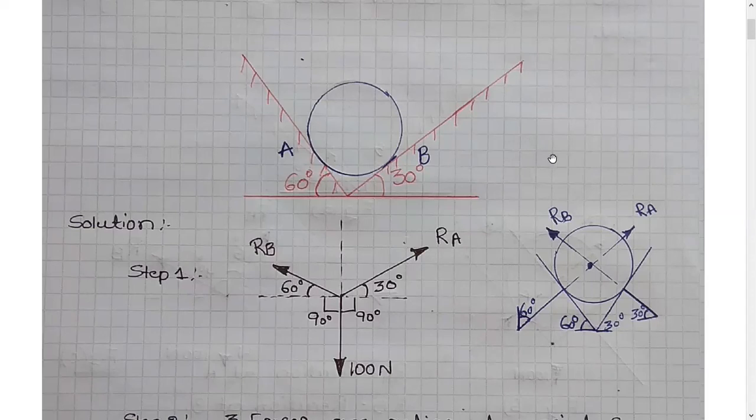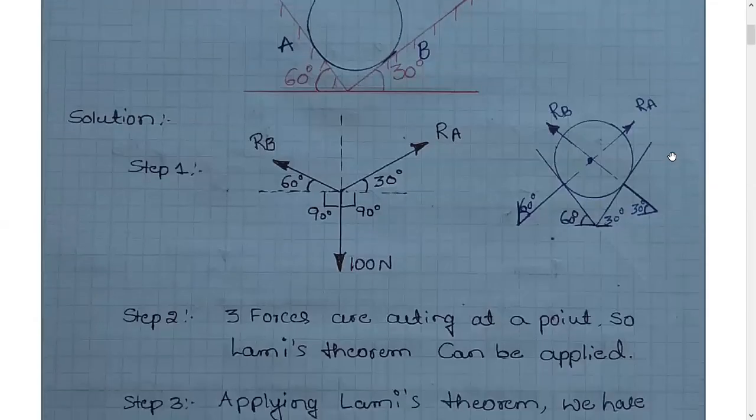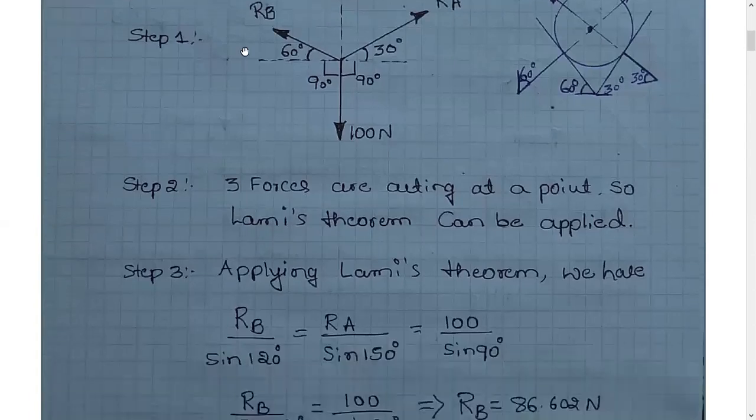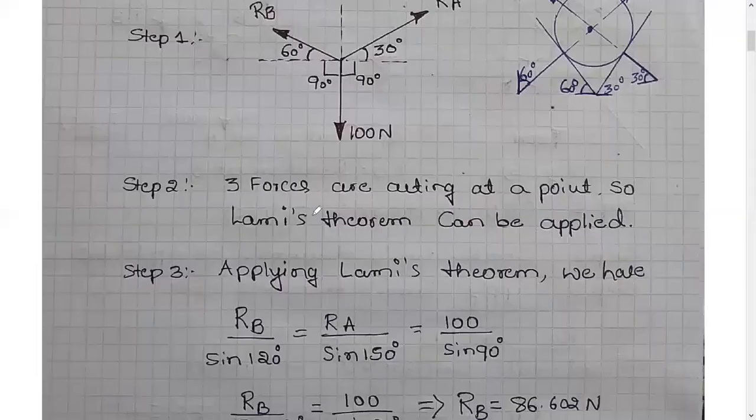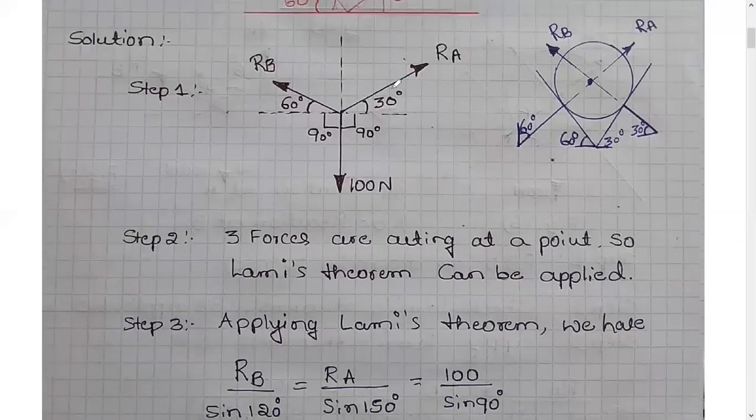Next, we have to check whether it is applicable to Lami's theorem or not. To check that, I am trying to see whether three forces are there or not. Here you see there are three forces acting in the system.